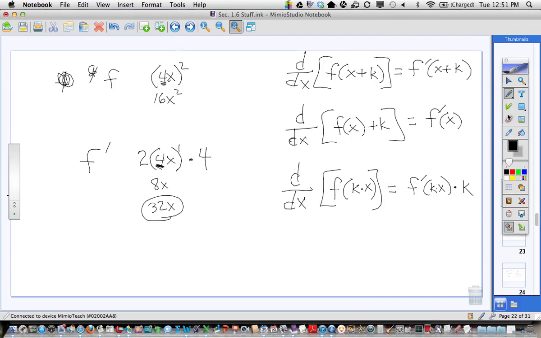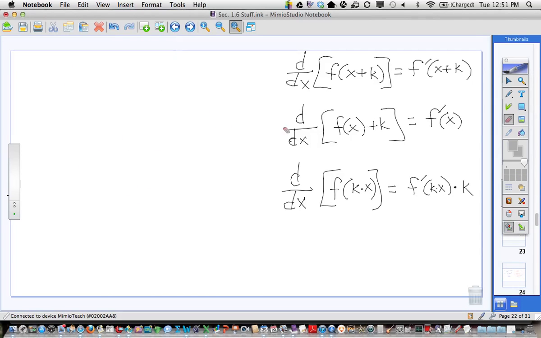So, for another example, if we had 3x plus 1 to the 5th, what's that derivative going to be? Okay, first bring down the 5. The inside stays the same to the 4th.